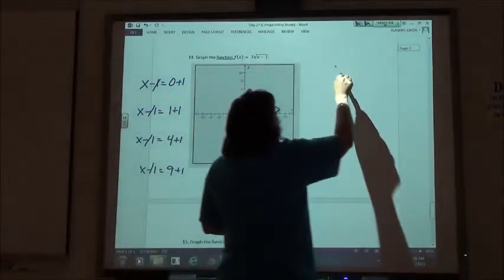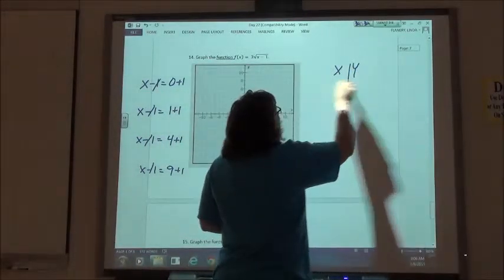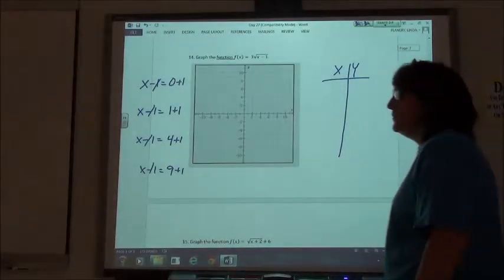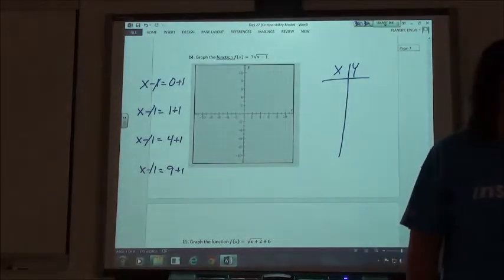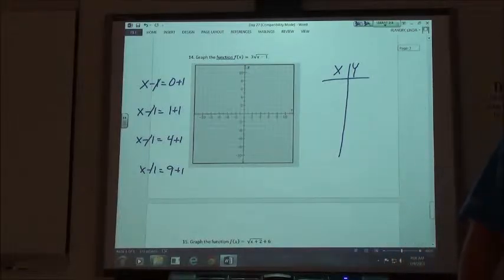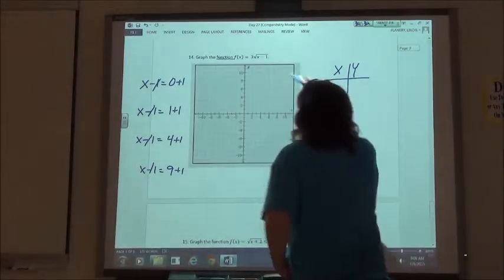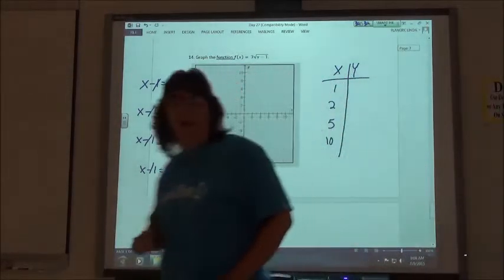So in our table, what 4 values should we use for x? 1, 2, 5, and 10, and then we should get nice values that work out for our square roots.